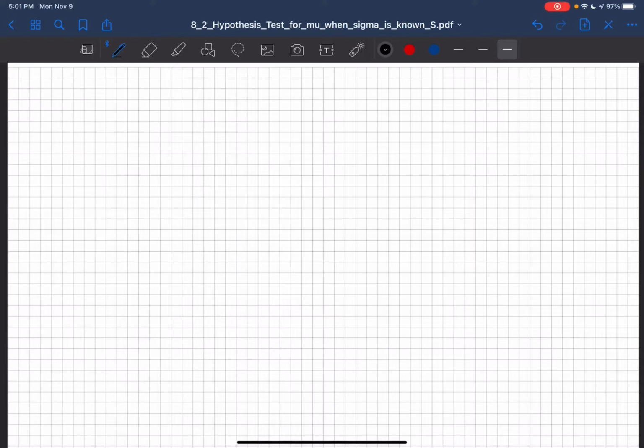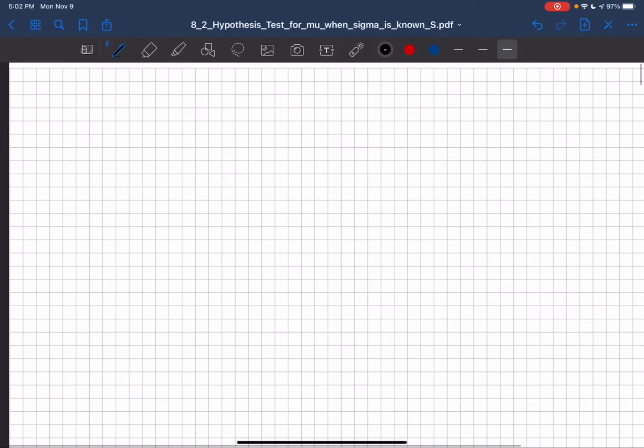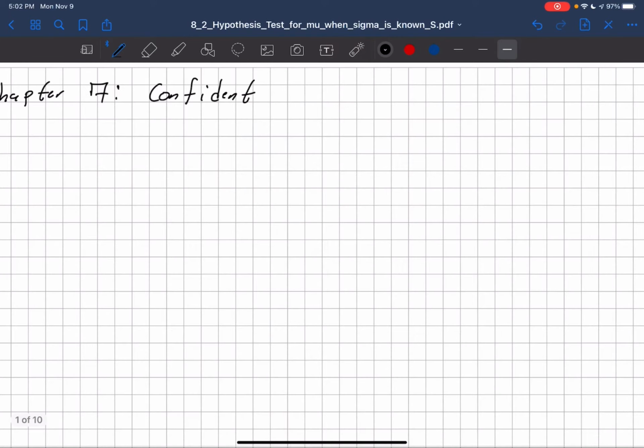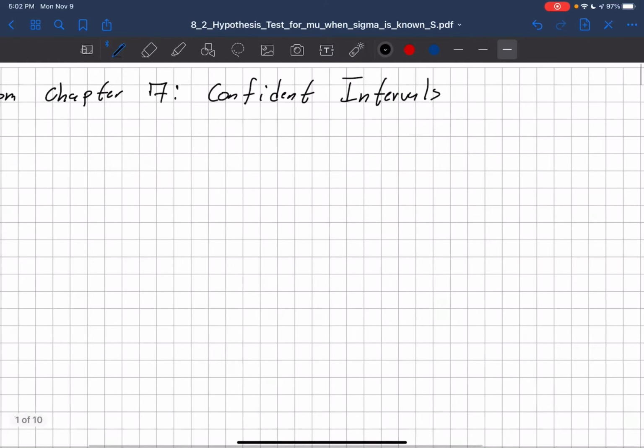Okay, so before I begin this section, I want us to remember what we did in chapter 7. If you remember, the whole theme of chapter 7 was confidence intervals.